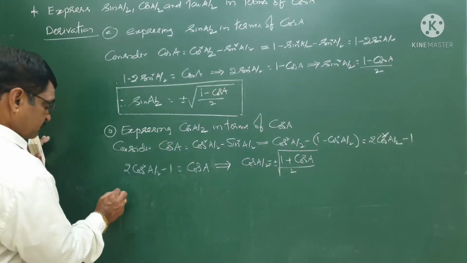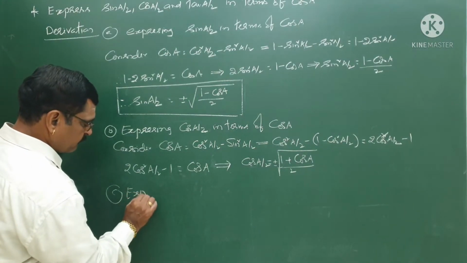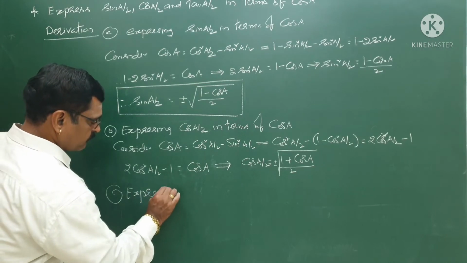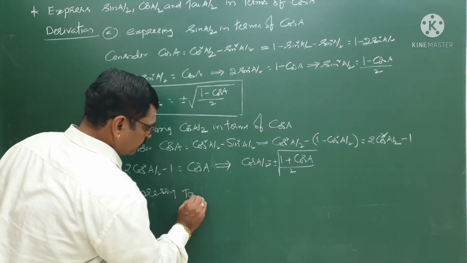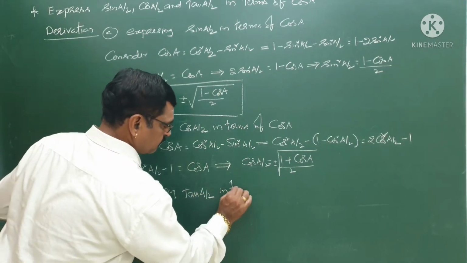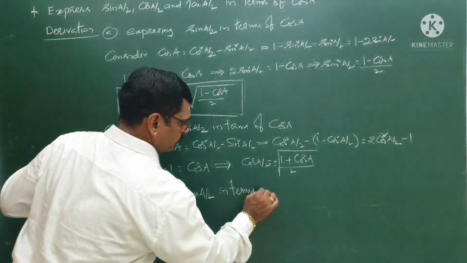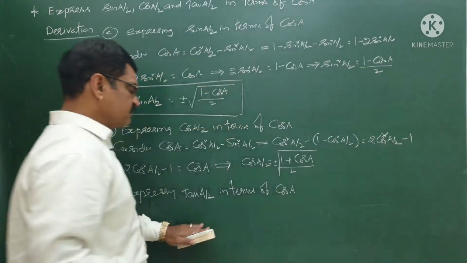Okay. Now C. C is expressing tan A by 2 in terms of cos A. It's very simple.